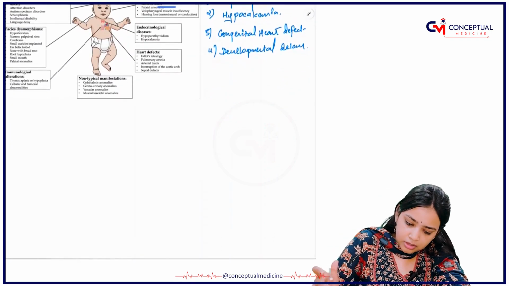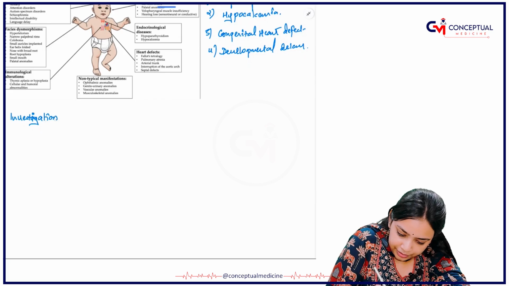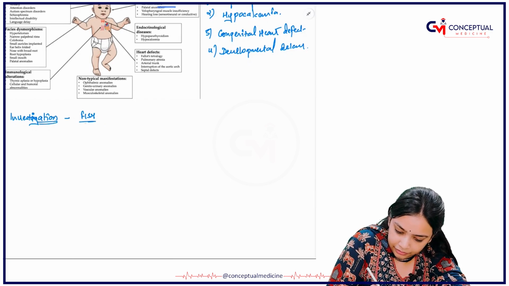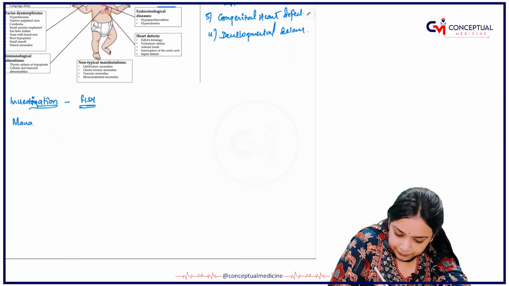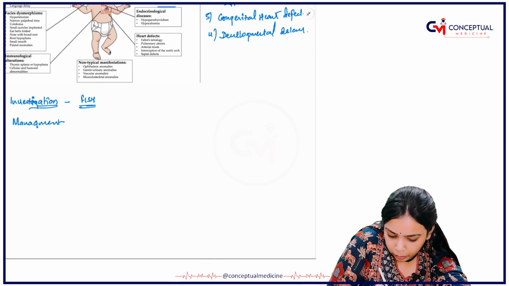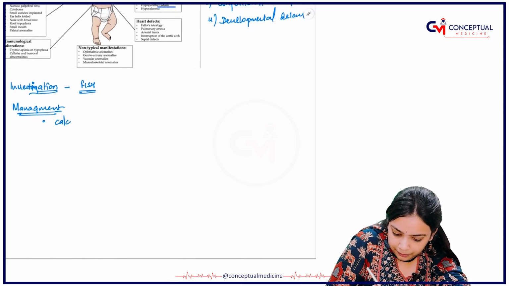What are the investigations that we will do? The first one we will do is the FISH. FISH is basically a technique that we will do. And in the management, what will we give?